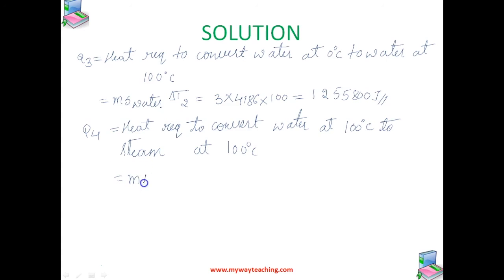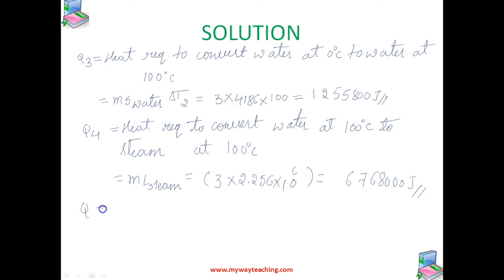So that is m into latent heat of steam, which is given by 3 into 2.256 into 10 raised to 6 joule per kg, that is latent heat of steam. That is 6,768,000 joules. Okay.